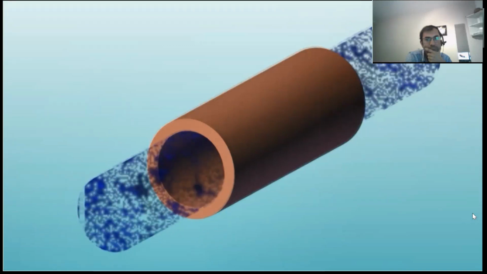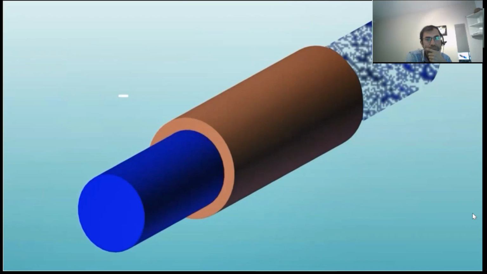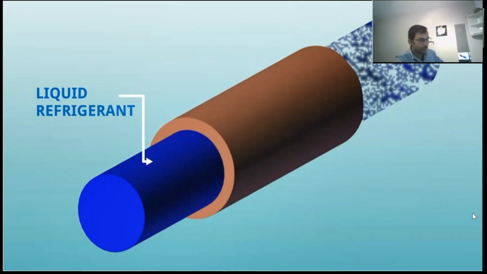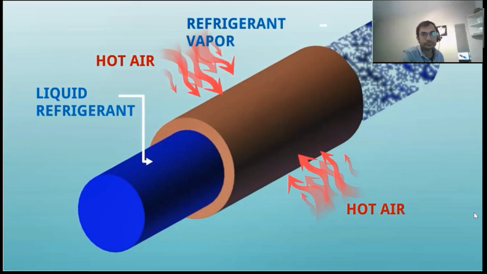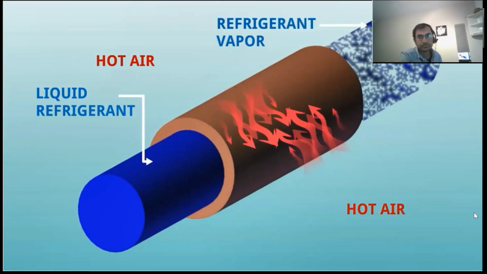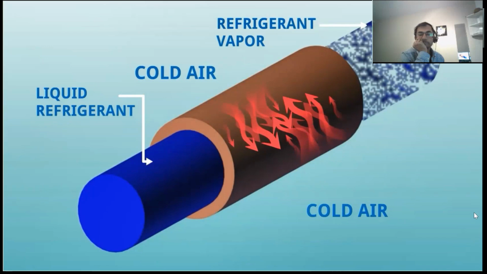Let's try to understand how heat transfer happens through the refrigerant pipe. This is the liquid refrigerant, and outside the refrigerant pipe is hot air, and the refrigerant takes heat from the hot air and transforms into vapor, and by losing heat the air becomes cold.